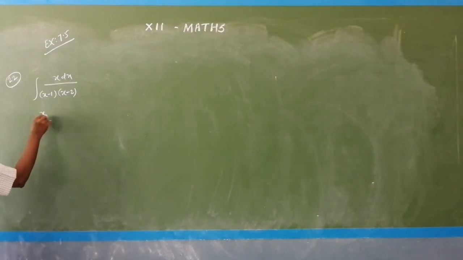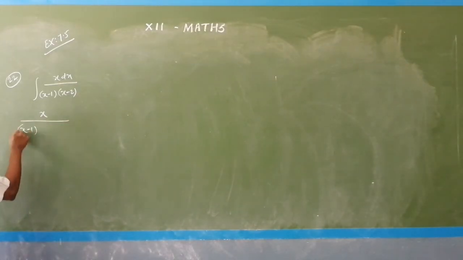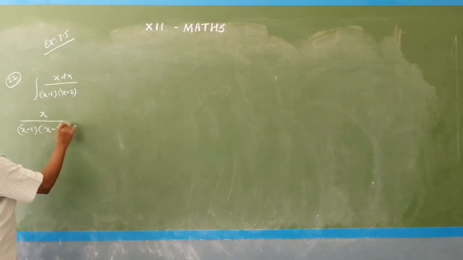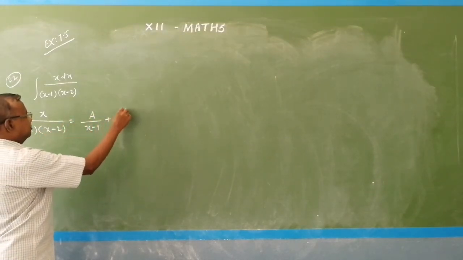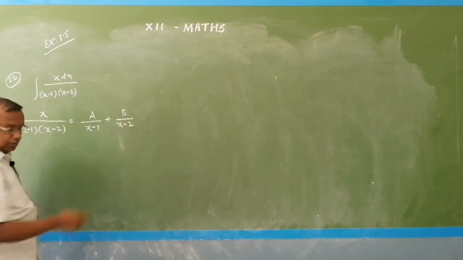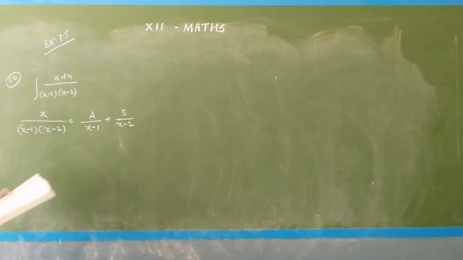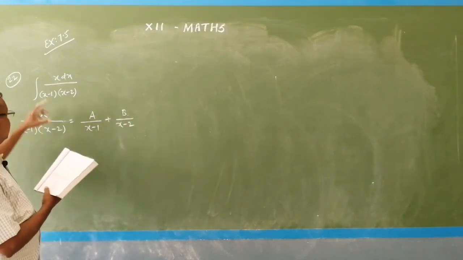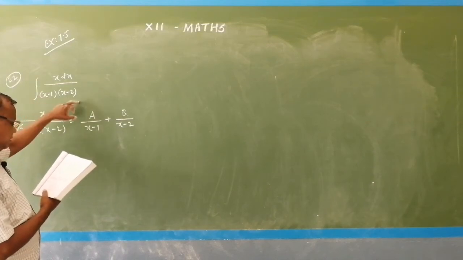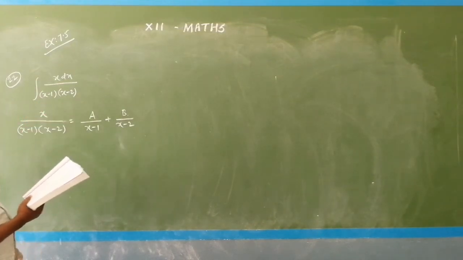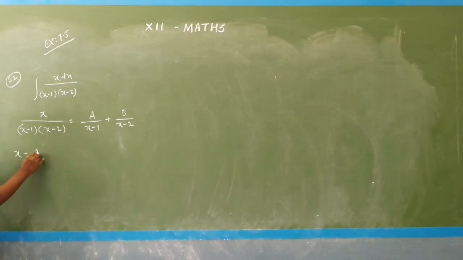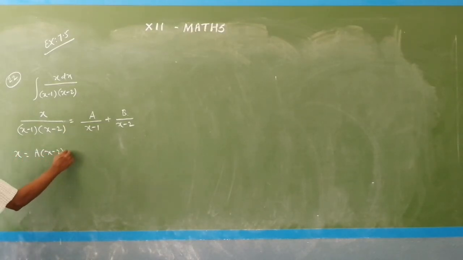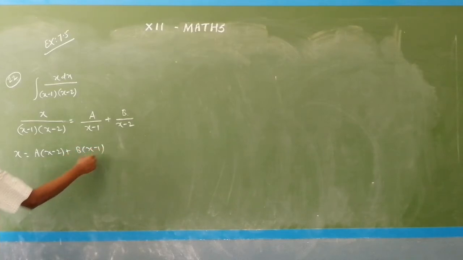Now, x by (x minus 1)(x minus 2) equals a by (x minus 1) plus b by (x minus 2). Once again I check the question. Yes, question 22 is x divided by (x minus 1)(x minus 2). Now, equating the numerator on either side, x equals a into (x minus 2) plus b into (x minus 1).